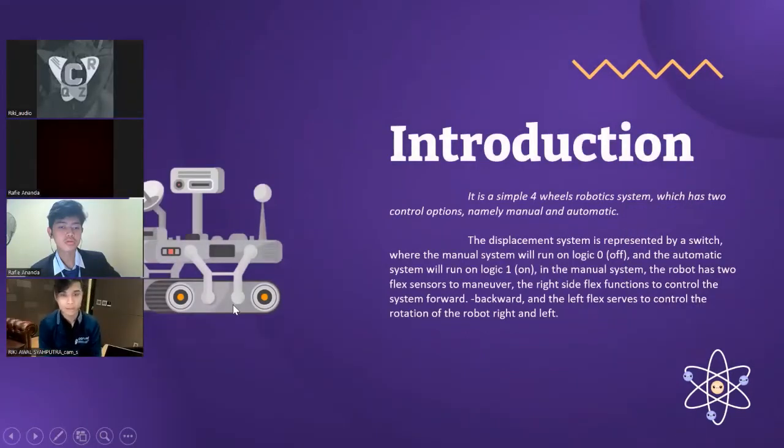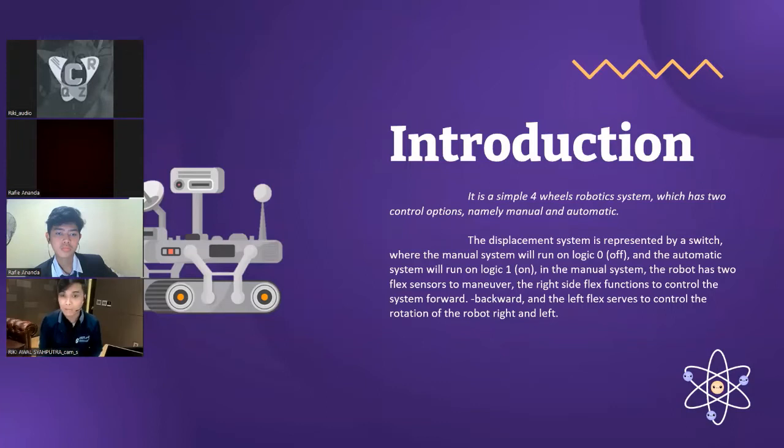After the background, we come to the system itself. Firstly, it is a simple four-wheeled robotic system which has two control options, namely manual and automatic.